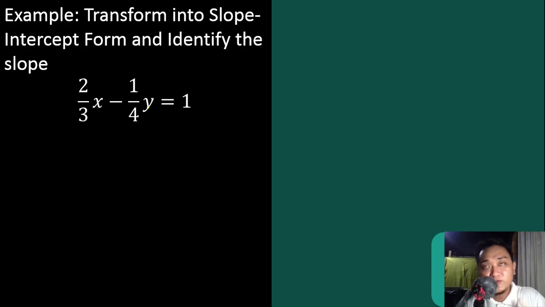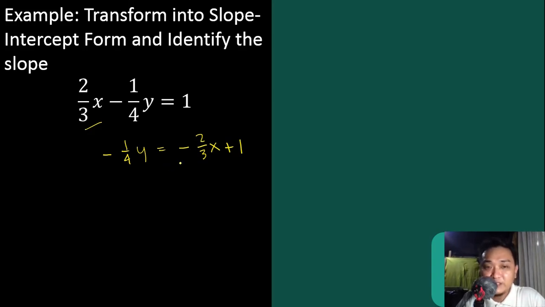Now, it will be much more convenient if we transpose immediately 2/3 x to the other side of the equation. That will become negative 1/4 y is equivalent to negative 2/3 x plus 1, because 1 is positive there. Now, ganito na.